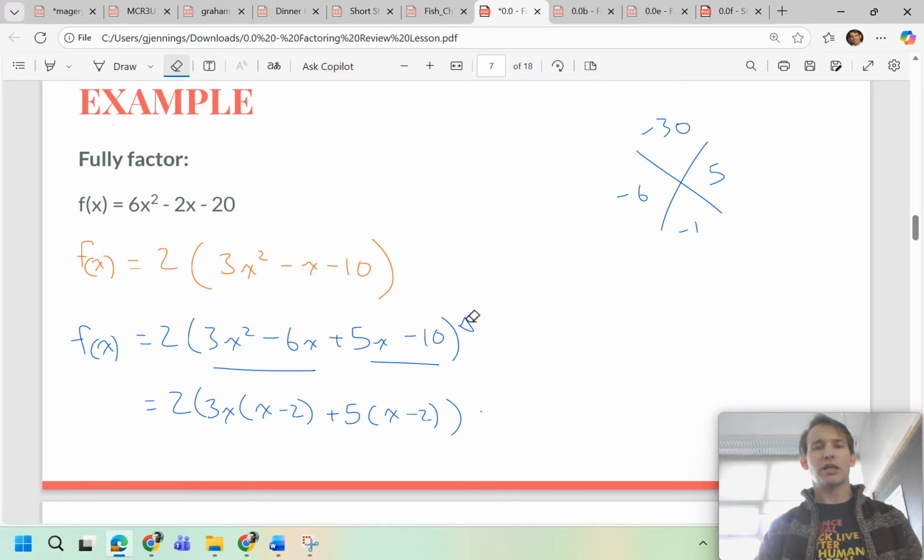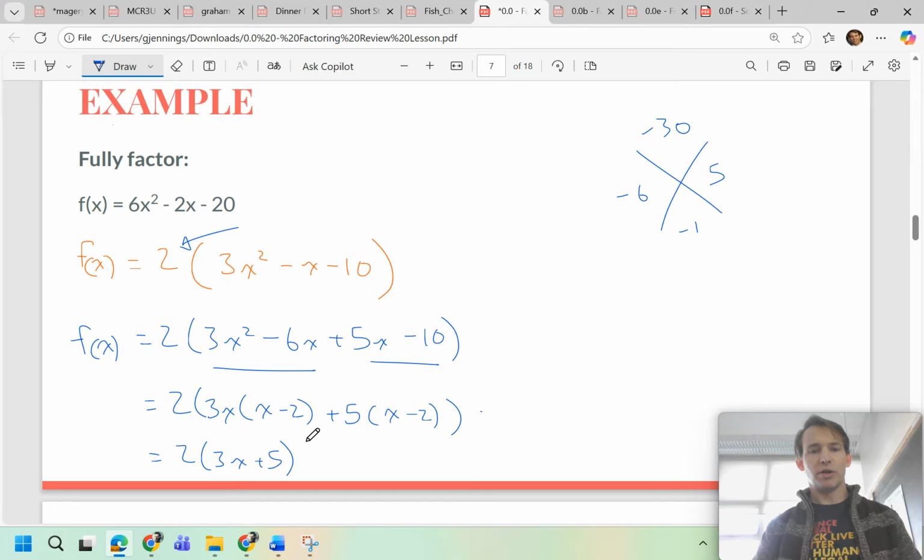The bouncer's getting the fight organized inside the bar, while the 2, the big troublemaker 2, is just waiting outside for his friends to come out. So this is equal to 2 multiplied by 3x plus 5 multiplied by x minus 2. That's factoring out that common binomial factor, the x minus 2.